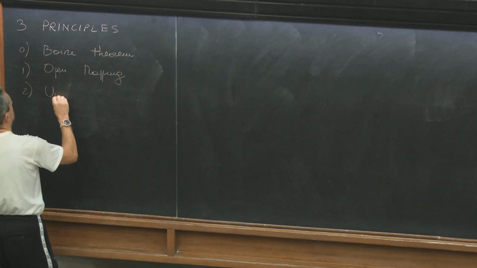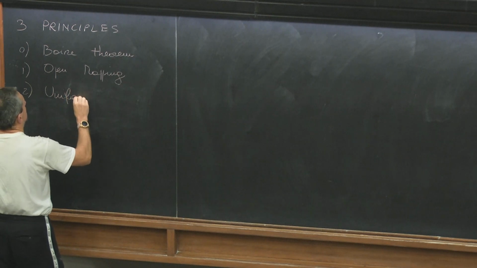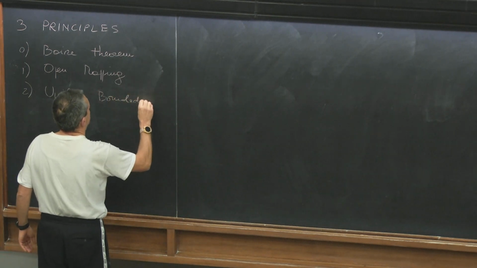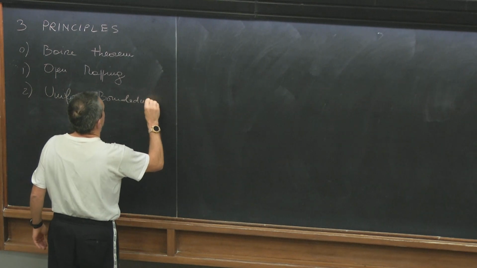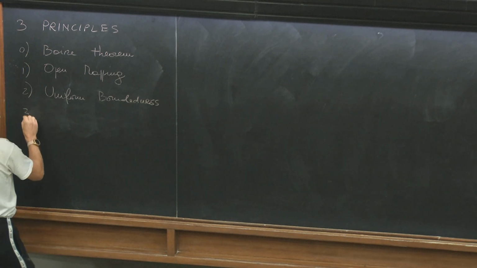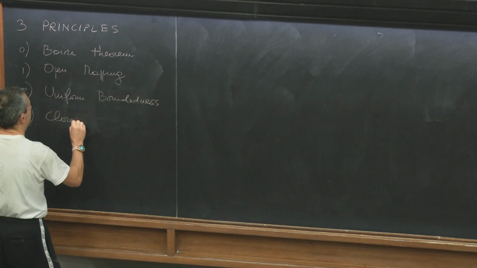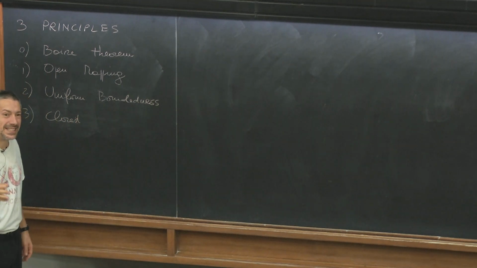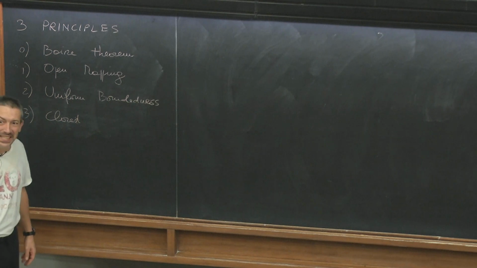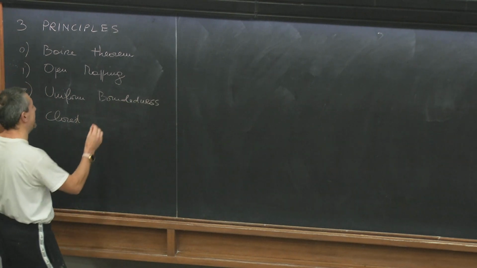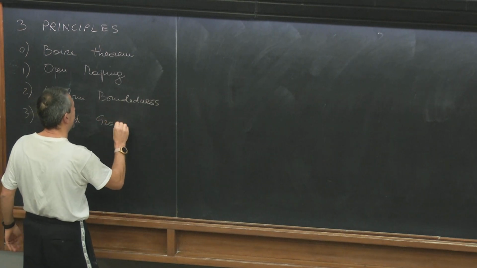Uniform boundedness and Hahn-Banach. Hahn-Banach we did last time, so the third one I just write closed graph. Everybody uses the Hahn-Banach, but since we did it yesterday and I need the three, which actually are four, I just list closed graph.